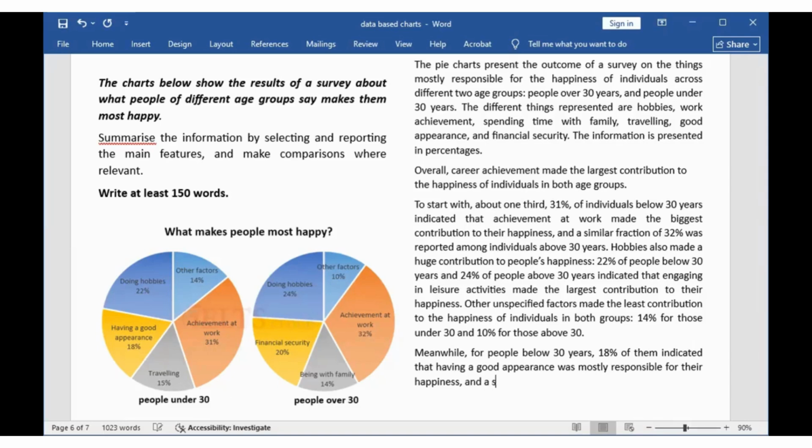And a slightly lower figure of 18% indicated or responded that traveling made the largest contribution to their level of happiness.